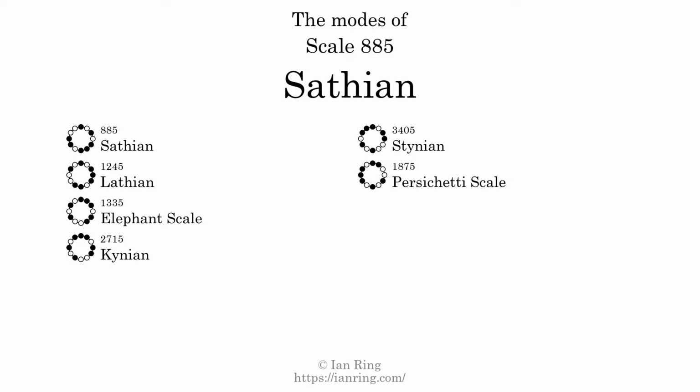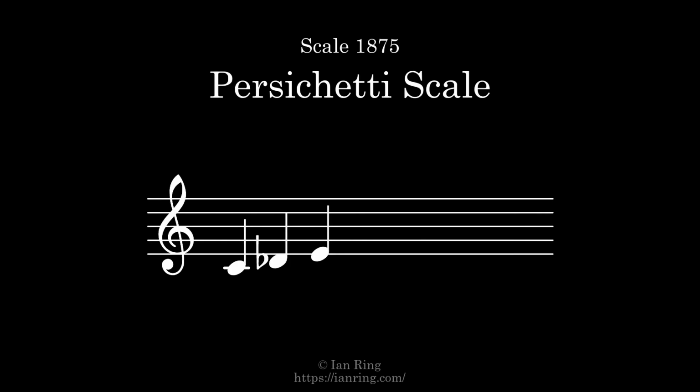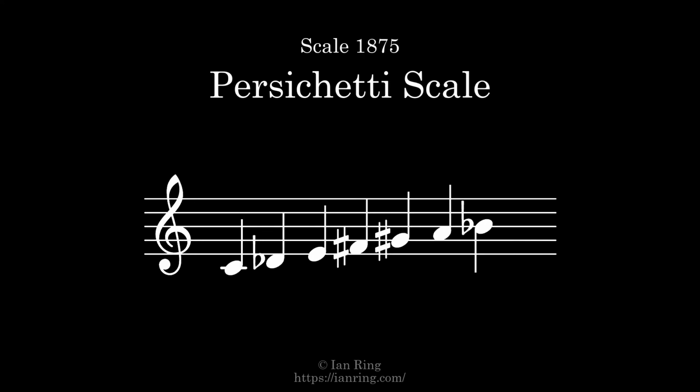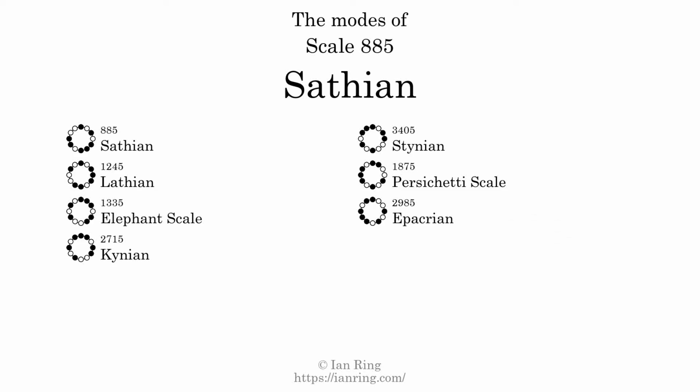The sixth mode is scale 1875, also known as Persichetti scale. It sounds like this. The seventh and last mode is scale 2985, also known as Apacrian. It sounds like this.